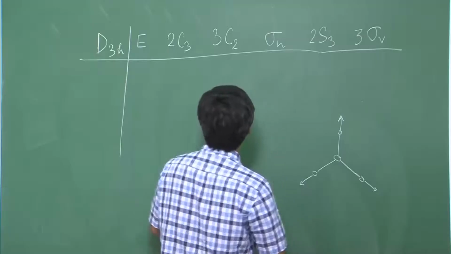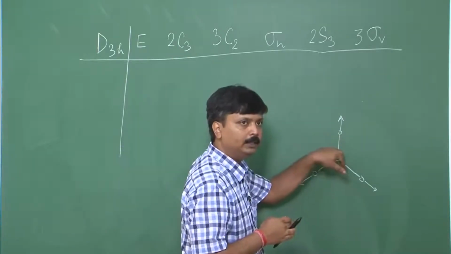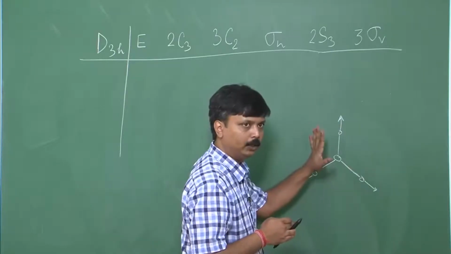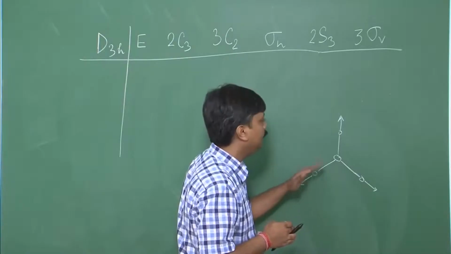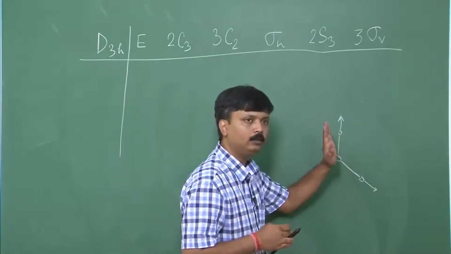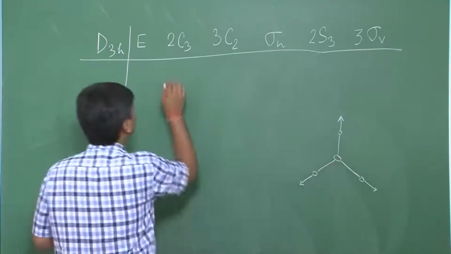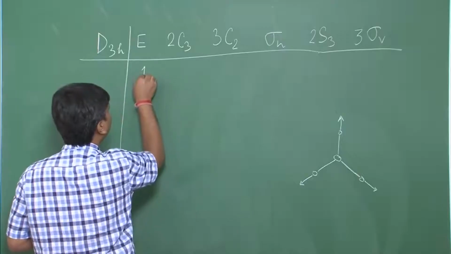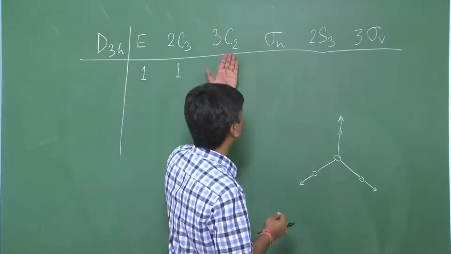Now if you apply C3 on this motion, if you rotate by C3 and you are not numbering them, just looking at the overall disposition of these arrows, then C3 also will give you the exact indistinguishable structure. So that will also give you the same structure back. So if this gives me 1 and this gives me 1, next you look at the C2.